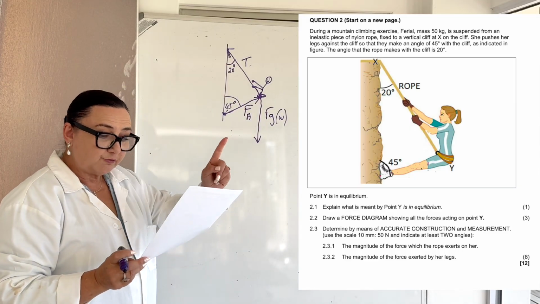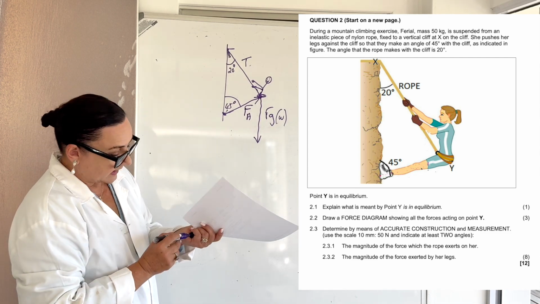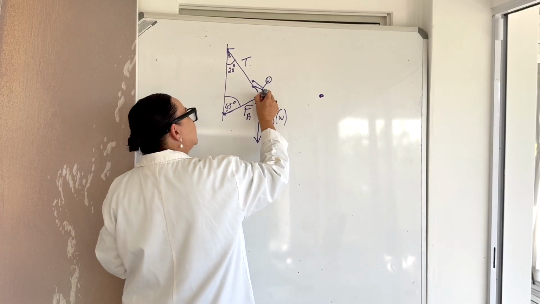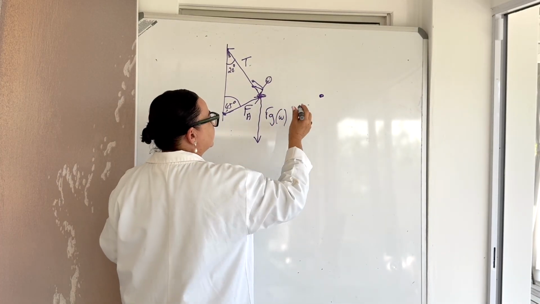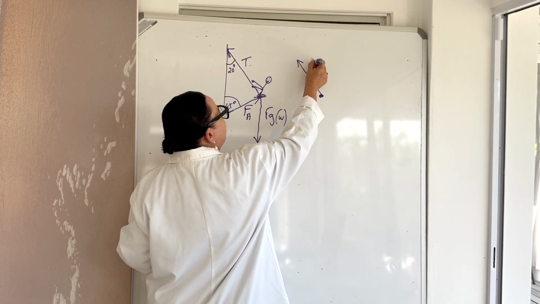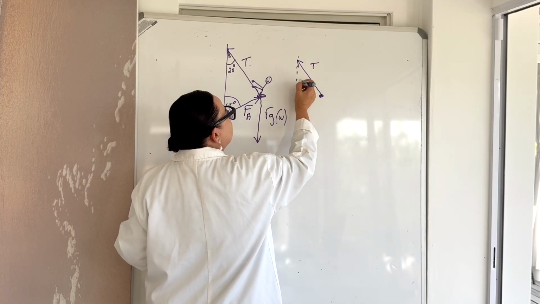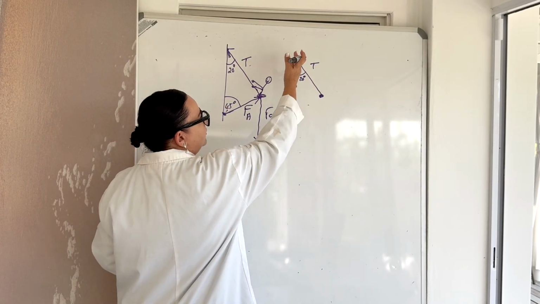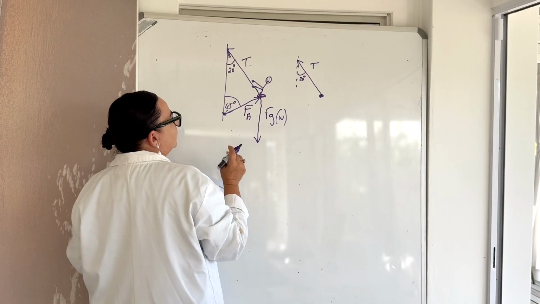Okay, now draw a force diagram. I'm going to just redraw it. That is my point, and that is there. The rope is around the waist there. So we've got our tension in the cable going up. We do have to give at least one angle in a free body diagram with my dotted line there.